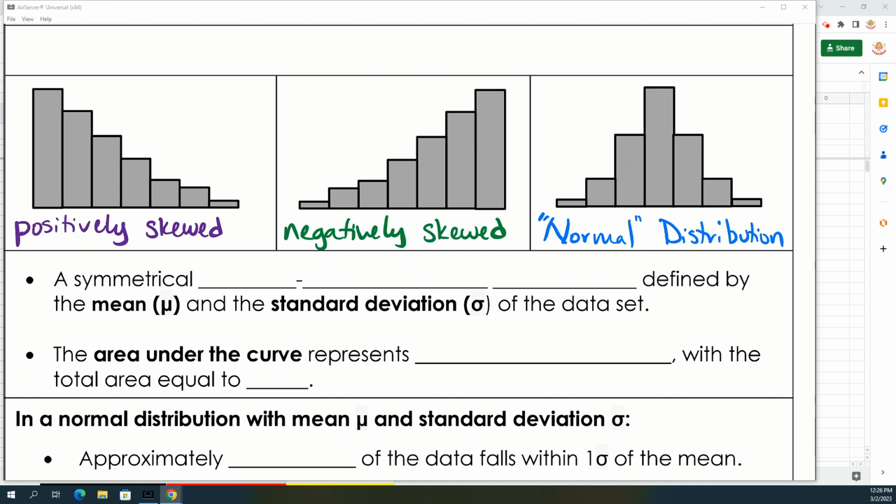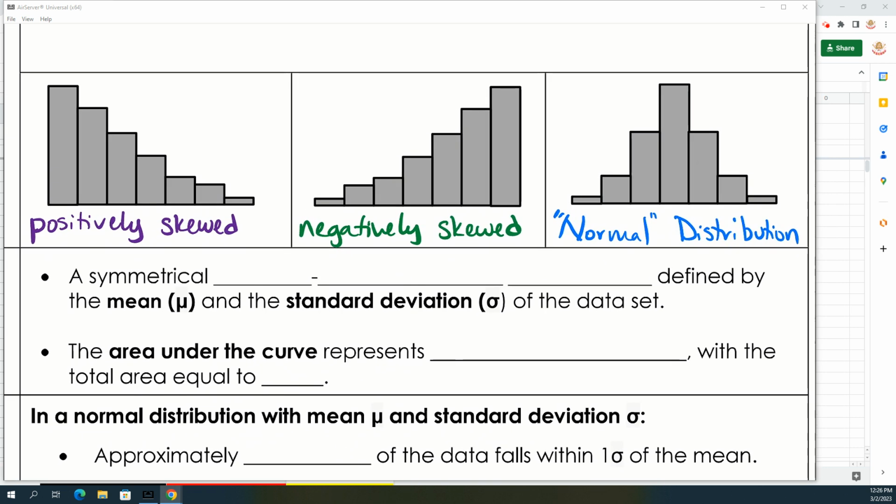And so normal distribution is a symmetrical bell-shaped curve. And it's defined by the mean.